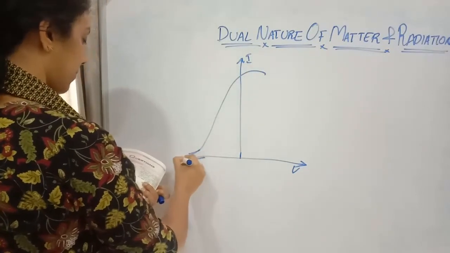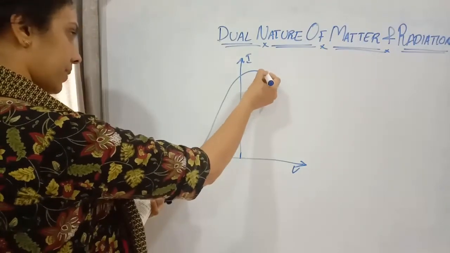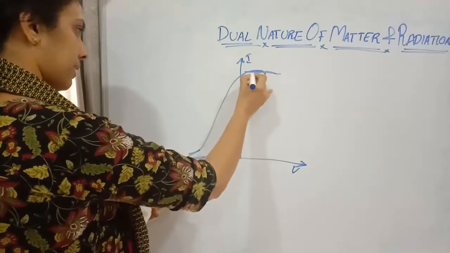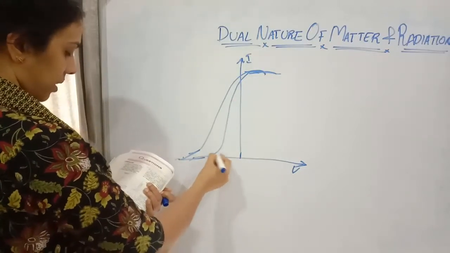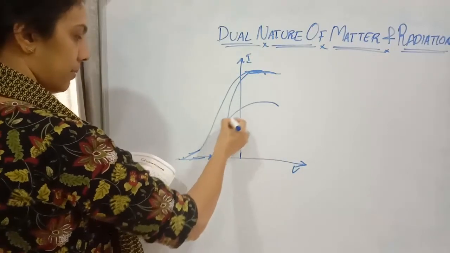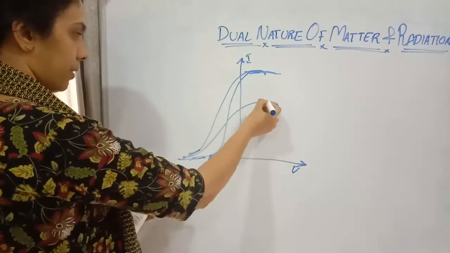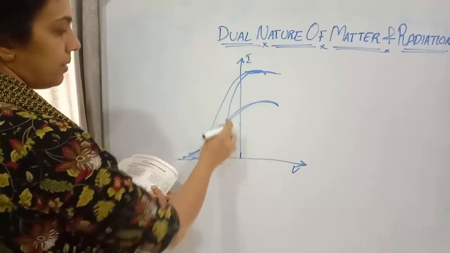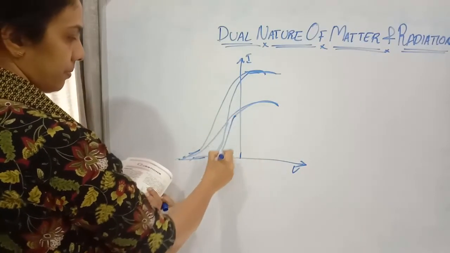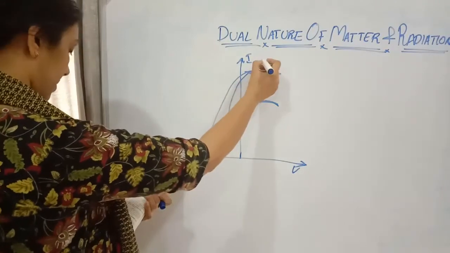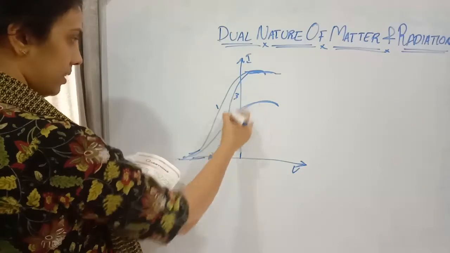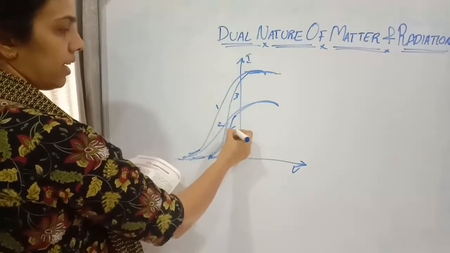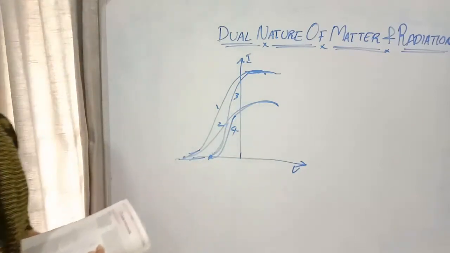One graph is given like this, another one like this, and from here another one is coming. This is the first one, this is the third one, this is the second one and this is the fourth one.